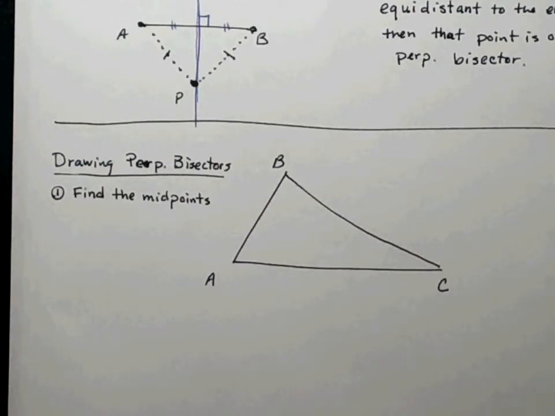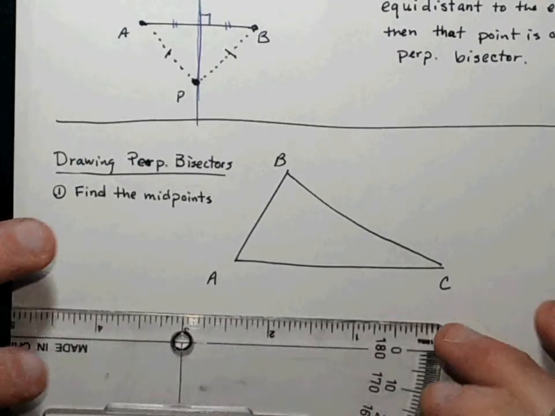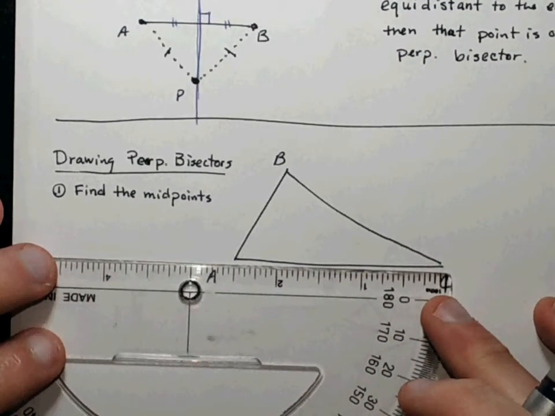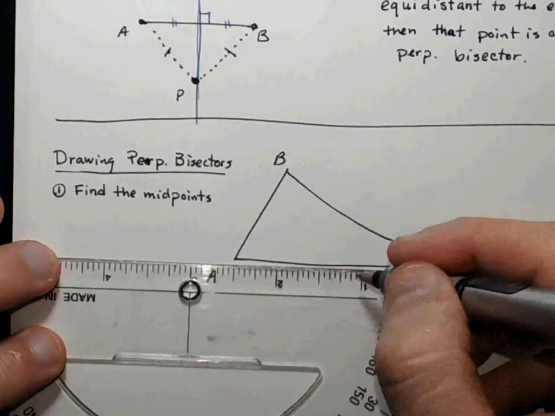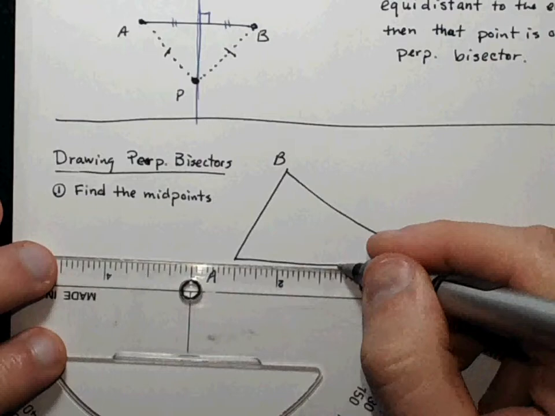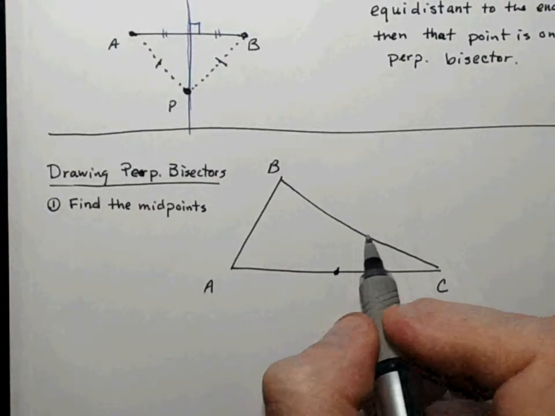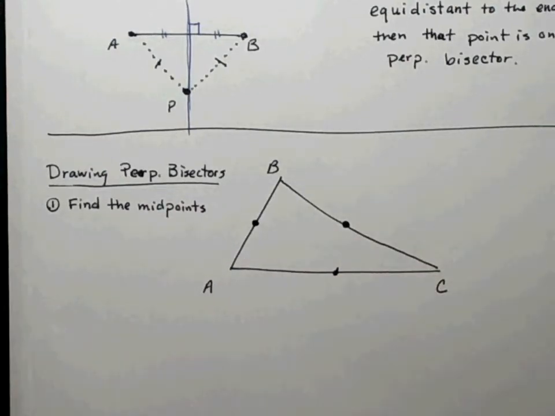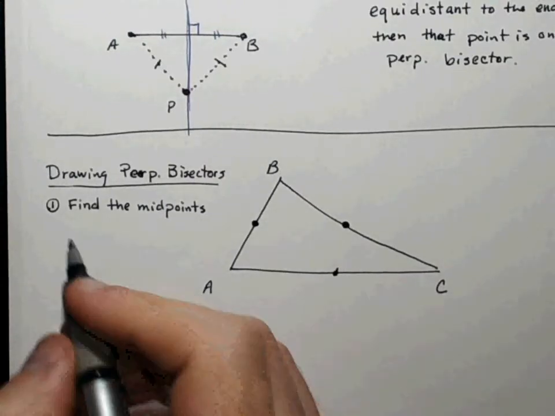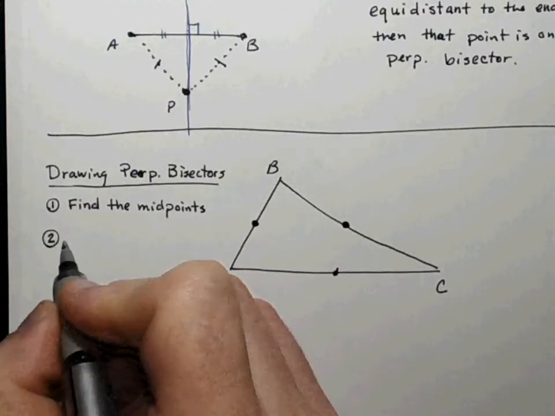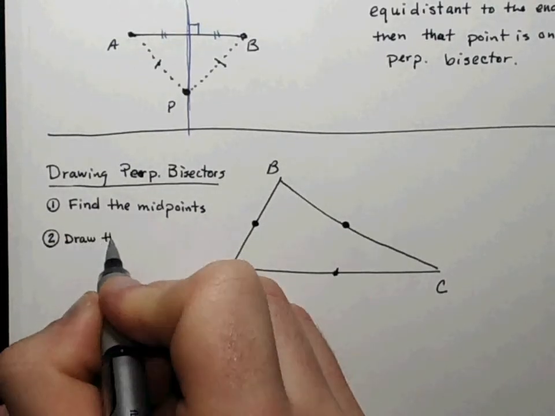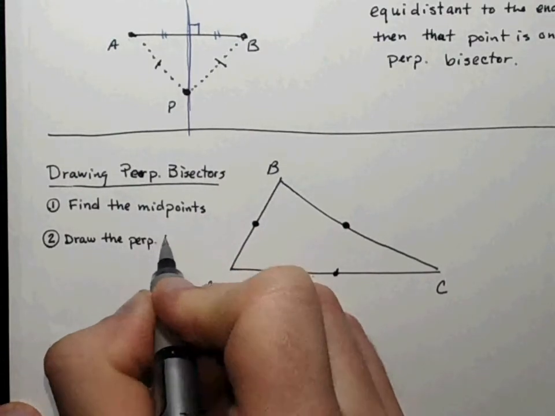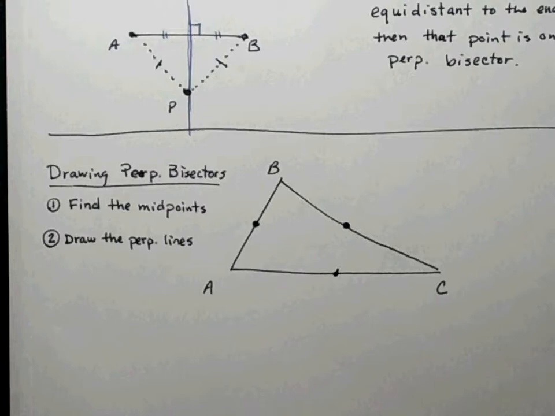So I can take a ruler and measure them and find the midpoints. That's the first thing that you're going to have to do. After that, the second thing is we're going to have to draw the perpendicular lines through those points. That's where we're going to use our ruler again.